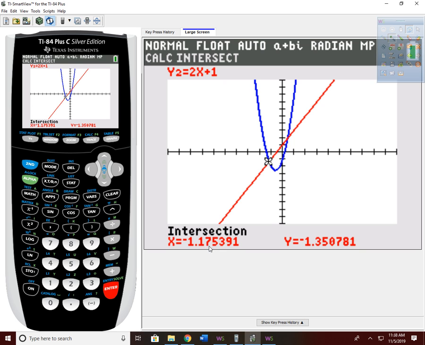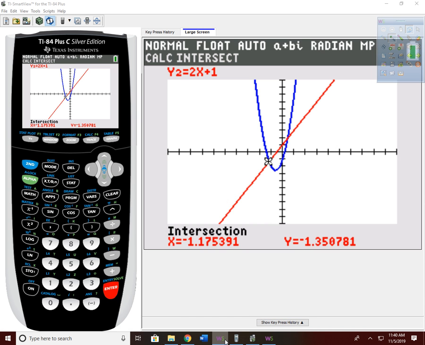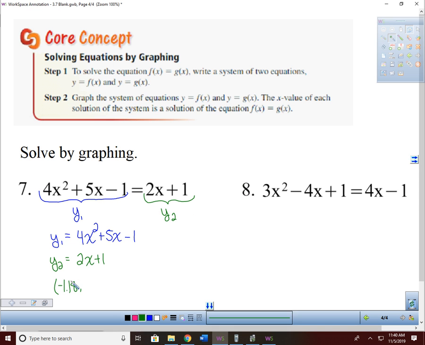If it's 5 or bigger, you round that number in front of it up 1, so this will be negative 1.18. And then I look at this one, behind the 5 is a 0. That's less than 5, so I will keep it at negative 1.35. So I've got negative 1.18, comma, negative 1.35.